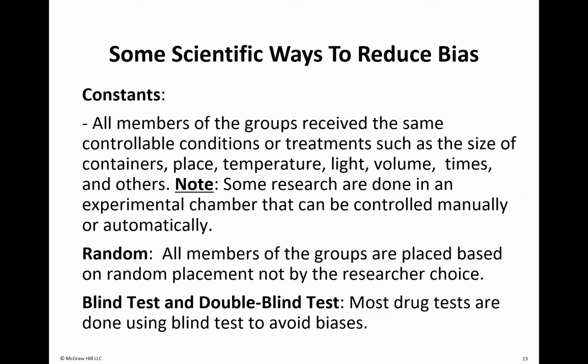Okay, so we're going to explain more about this constant, which is very important to reduce the bias during the experimentation. Again, constants are the conditions that the researcher has to keep the same for all groups in the experimentations. Like for samples, the size of the container has to be the same. It has to be made with the same materials.